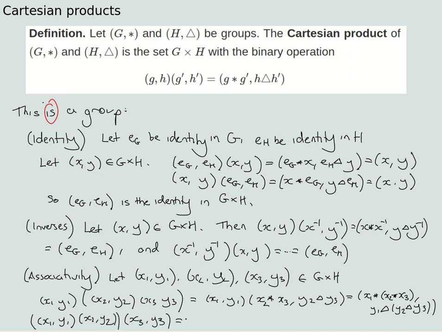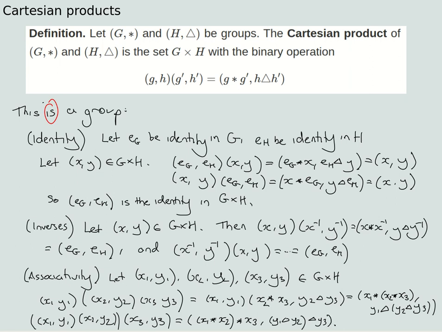And of course, if you work this out, what you're going to get is x1 star x2 star x3 in the first position and y1 triangle y2 triangle y3 in the second position.